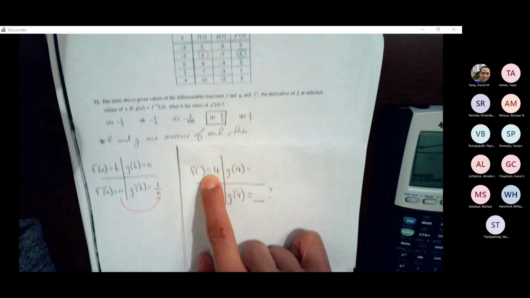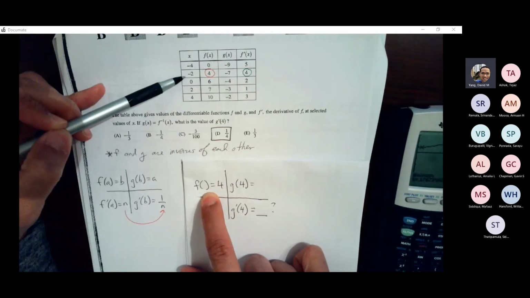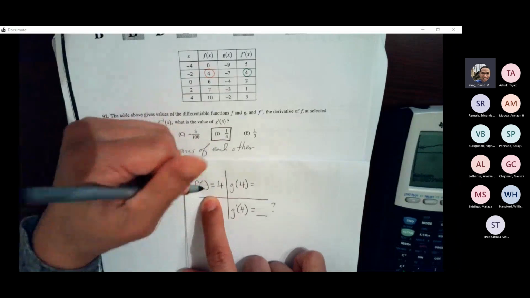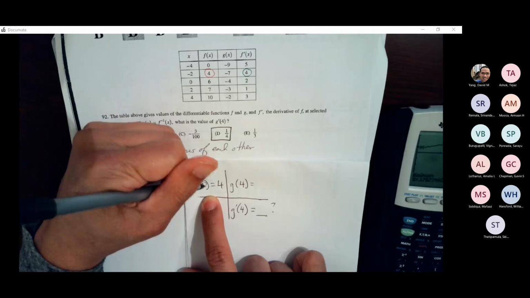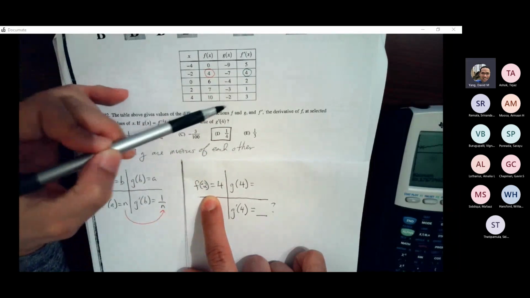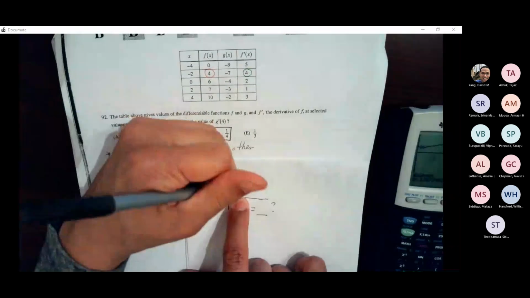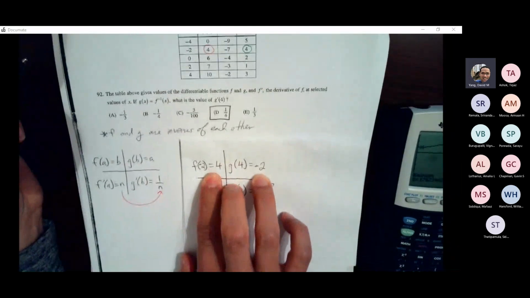So let's work a bit here. f of what will give me 4? f of -2 will give me 4. But it makes sense that g of 4 gives me -2. All right, we see that relationship there.